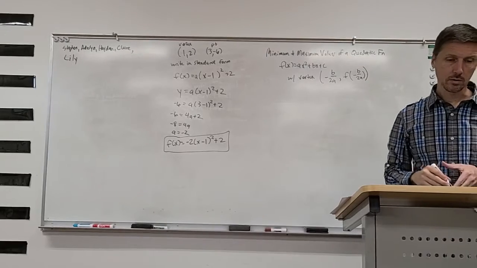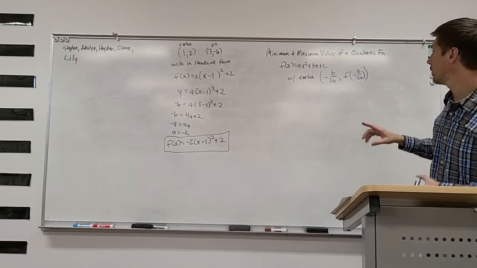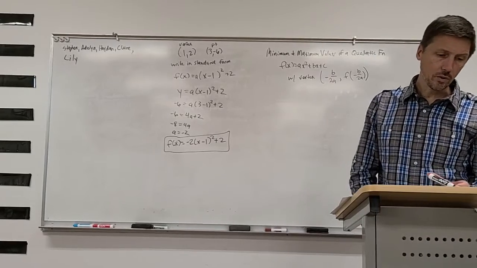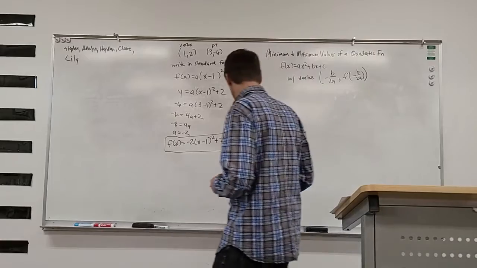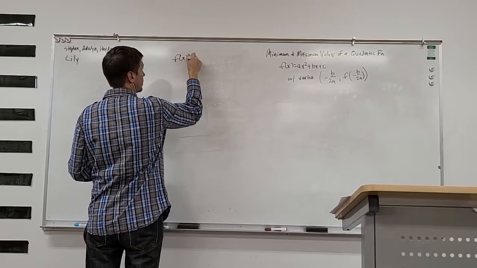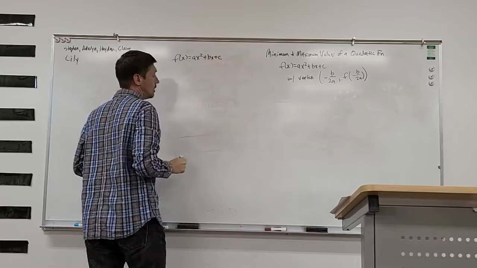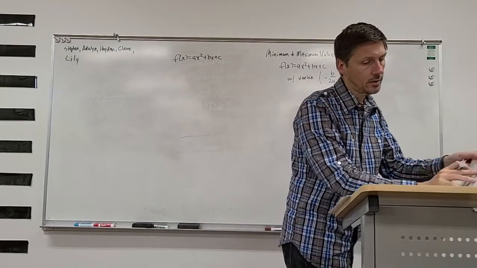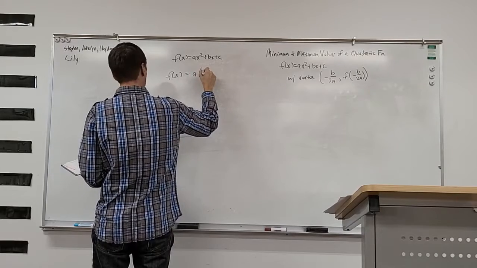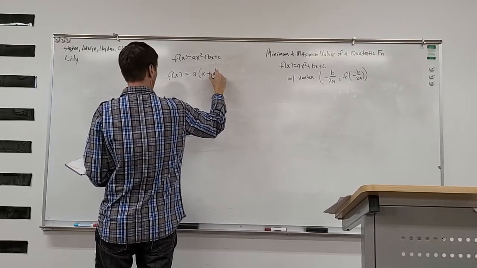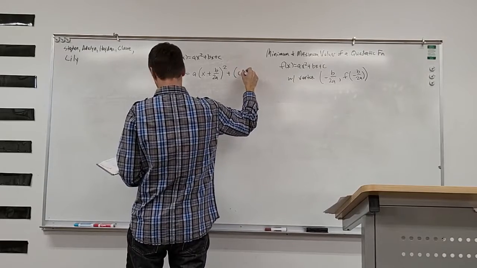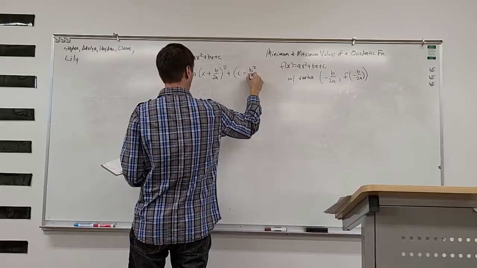Now that's kind of bizarre, but where they got this is that if you complete the square for the quadratic function, if you take the function f of x equals ax squared plus bx plus c, and you complete the square on that function, then you can rewrite that function as f of x equals a(x plus b over 2a) squared plus c minus b squared over 4a.